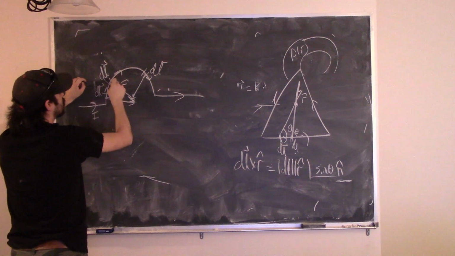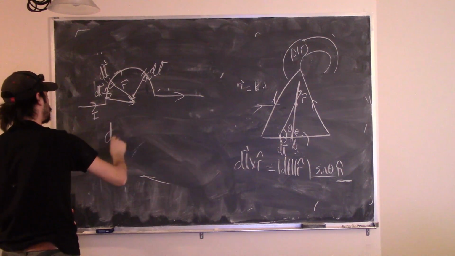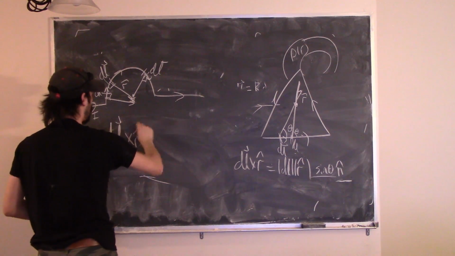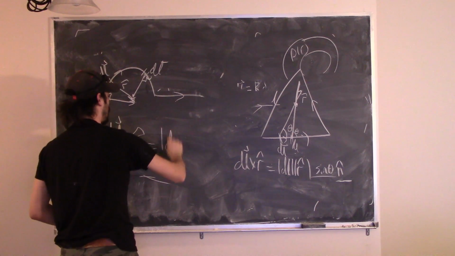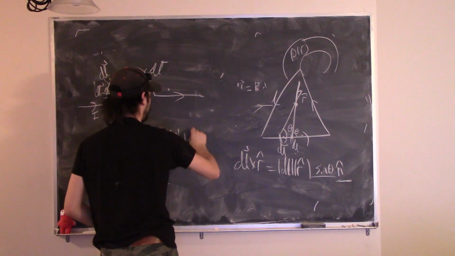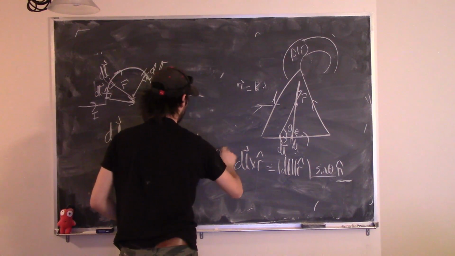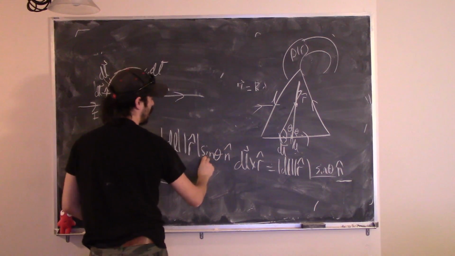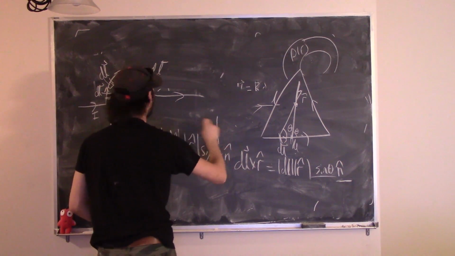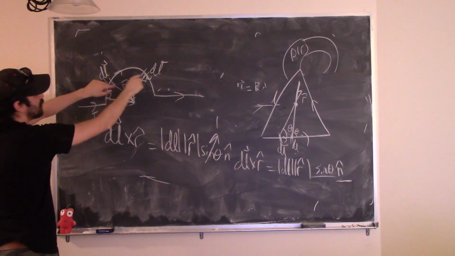All of these, when I take the cross product, dl cross r hat, give me mag dl, mag r hat, times the sine of the angle between them, times n hat. But the sine of theta is going to be 1, because this is always 90 degrees.